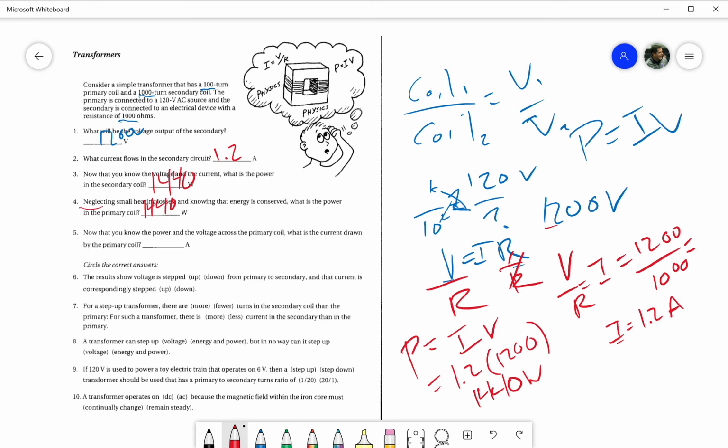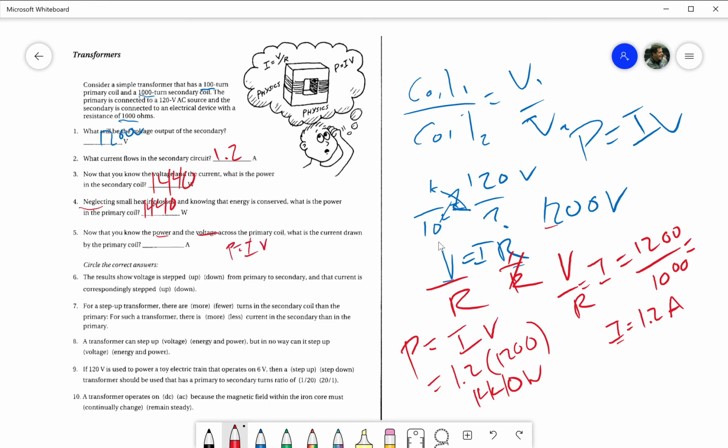So we know the power, we know the voltage. Let's figure out what the current is going to be. We're doing P equals IV again.